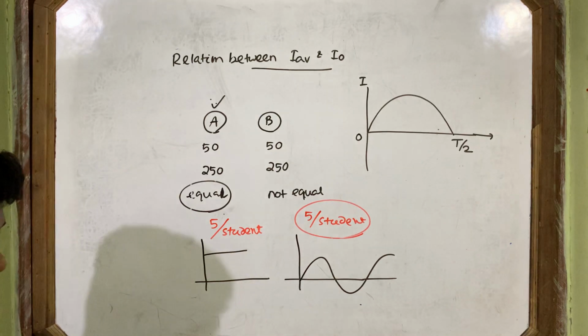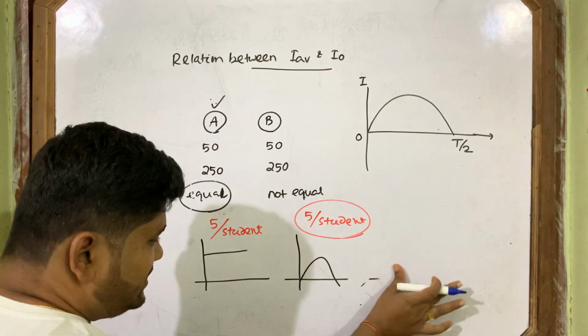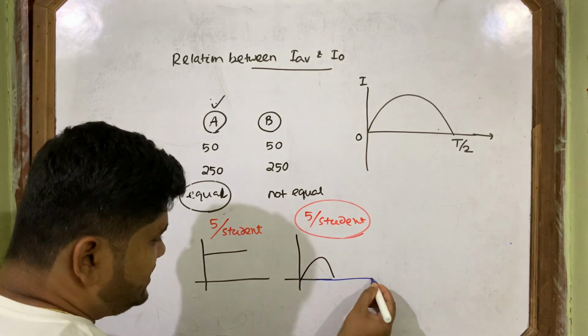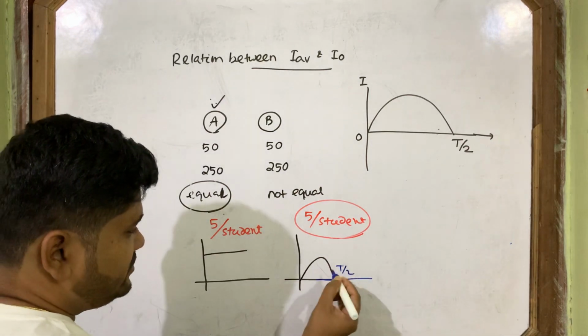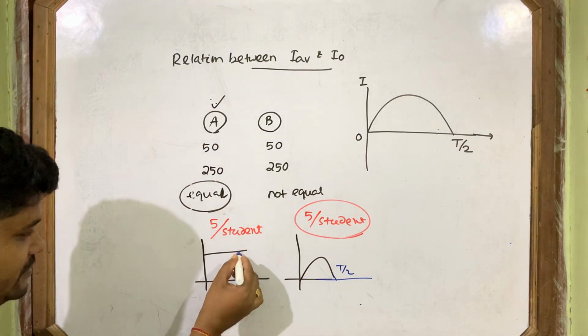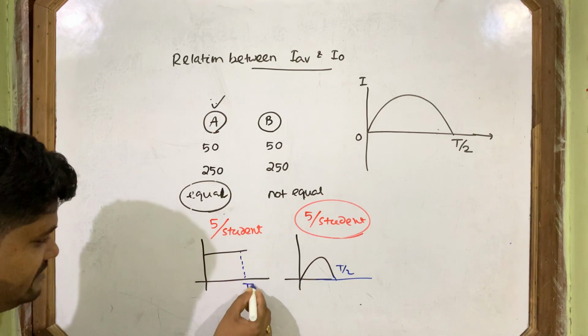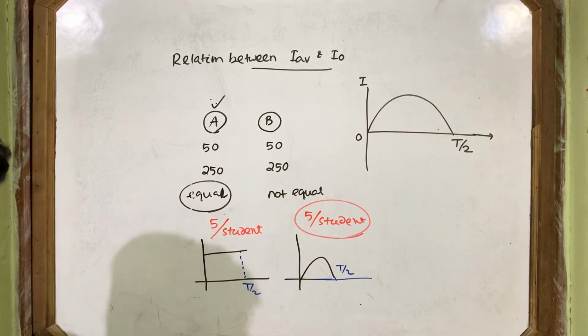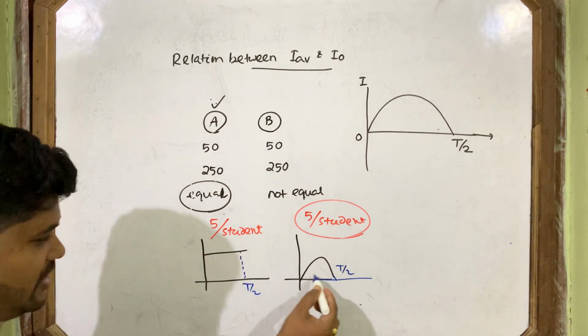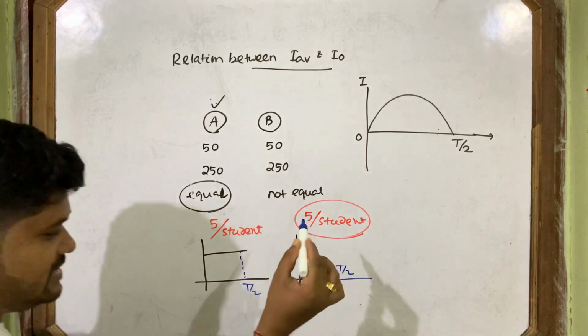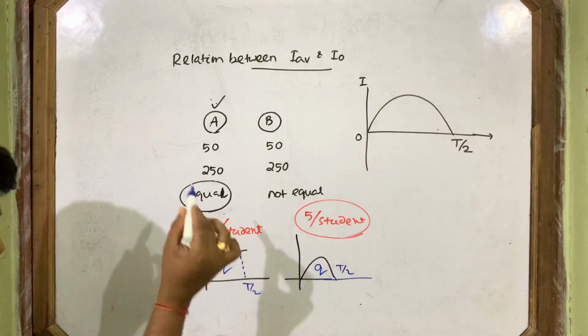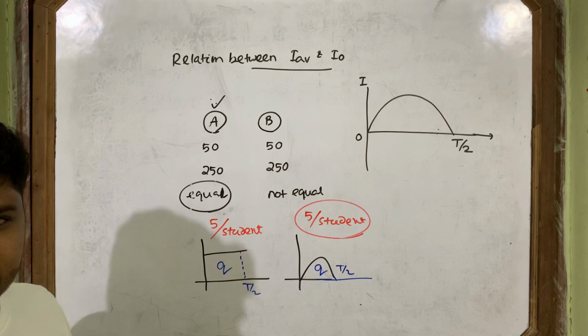What condition will we apply? We'll calculate this average value for half a cycle, meaning for T/2 time. So here also we'll take up to T/2 time. Here we see how much amount of charge passes.